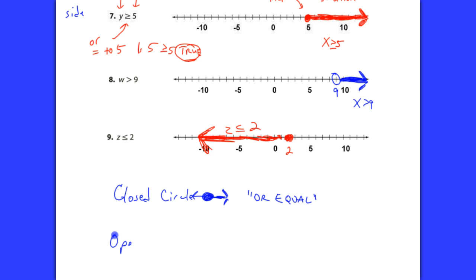If you have an open circle like this, that means it's not or equal. So it would be either greater than or less than. Sorry, my handwriting's getting really sloppy there. So it would be like that symbol or that symbol. Up here on the closed circle, I should have done that as well. If you have one of those symbols, you're going to have a closed circle on your graph.